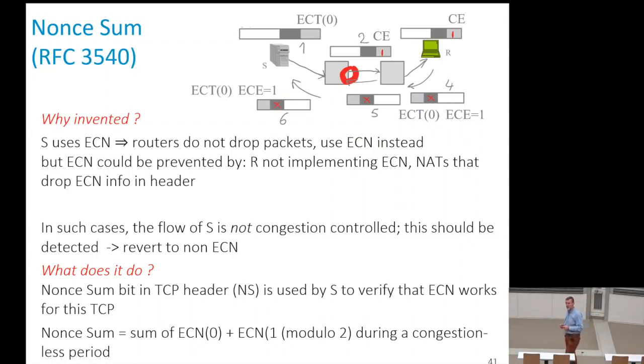Now, what will that mean? Well, it means that if all the routers on the path are taking ECN seriously, then those values are not dropped, for example, then the value that is received by the source is the one that it can predict, because the source knows which zeros and ones it has sent, so it can know whether the nonce sum is the one that is expected.